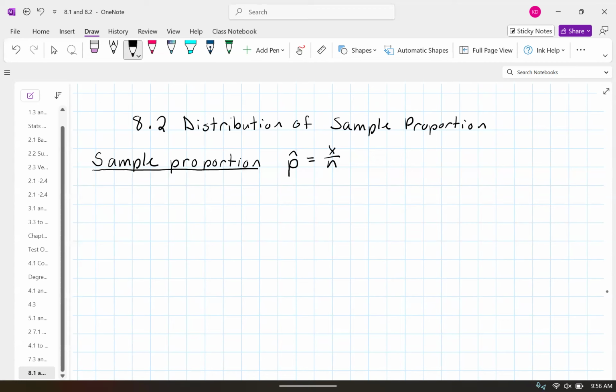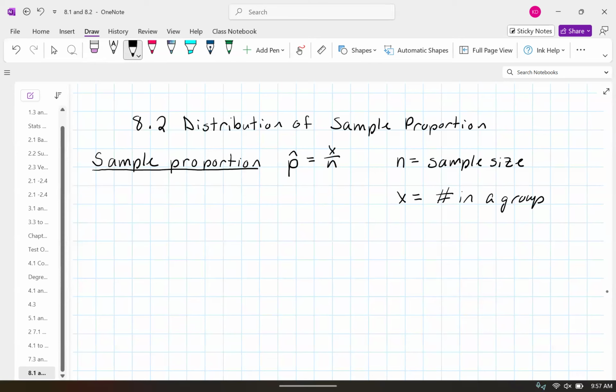So our p hat is x over n, where your n is the size of your sample, and your x is the number in a particular group we're looking at. That's really vague because it just depends on the example. We'll look at an example with that in a sec.